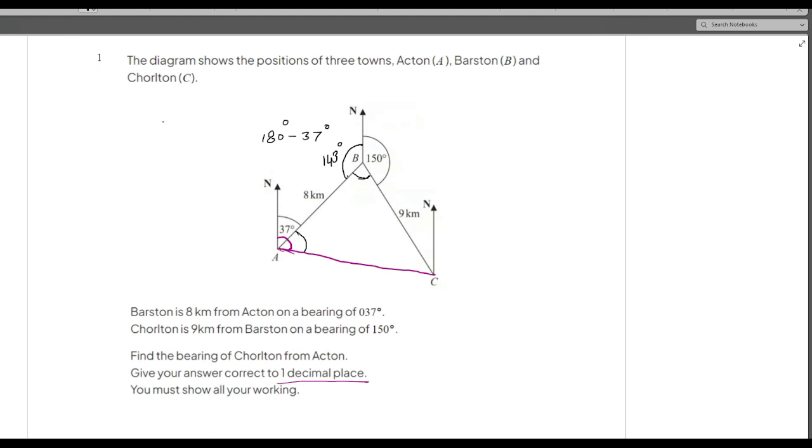So we will say that this angle at B will be 360 degree minus 150 degree minus 143 degree. So 360 minus 150 minus 143 gives you angle as 67 degree. So here your angle is 67 degree.